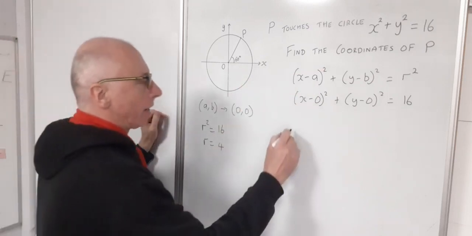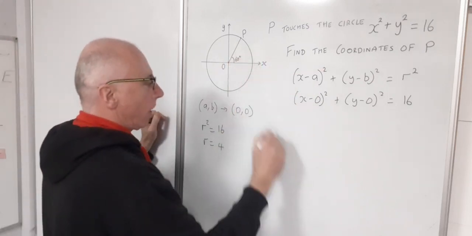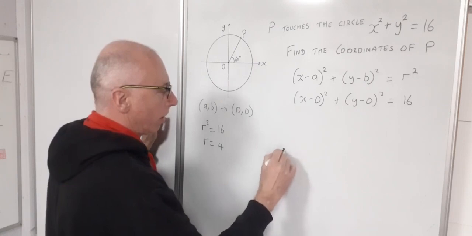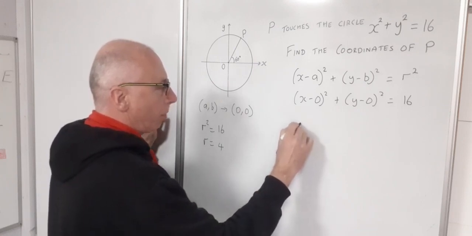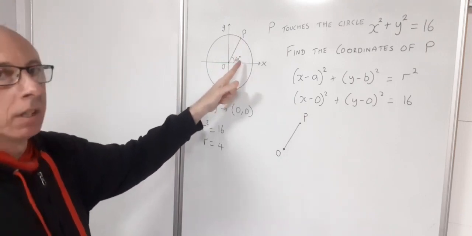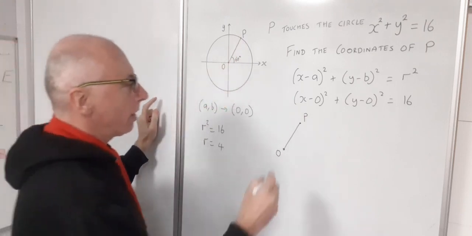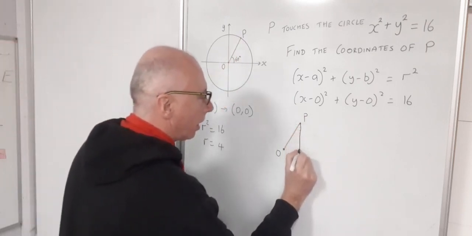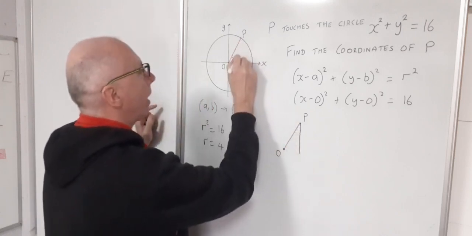So let's do that. If we draw this line, that's our origin, that's our point P. Then if we draw a straight line down, parallel to the y-axis, that will be that point there.